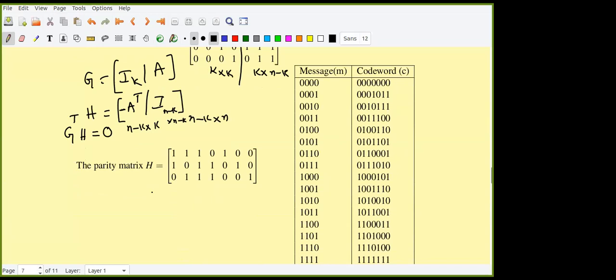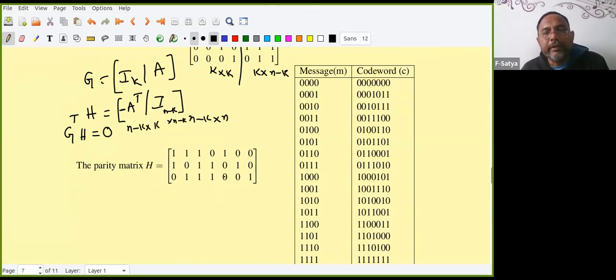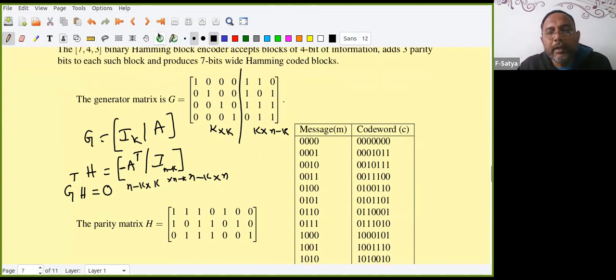Okay. So this is 3 by 3. You can easily check that this is sent, then you will get this. For example, you can see that 1011 maps to this. We multiply by the generator matrix on this side and that becomes 0.